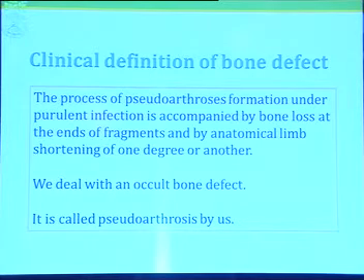In most cases, the process of pseudarthrosis formation under purulent infection is accompanied by bone loss at the ends of the fragments and by anatomical limb shortening of one degree or another. As a matter of fact, we deal with an acute bone defect, which we call pseudarthrosis.